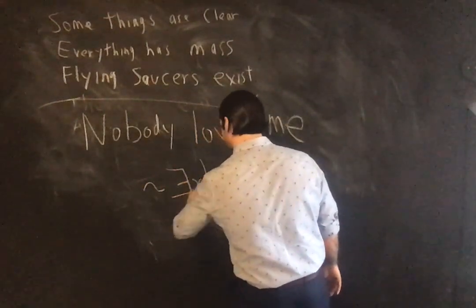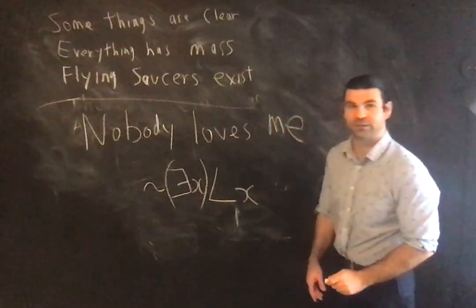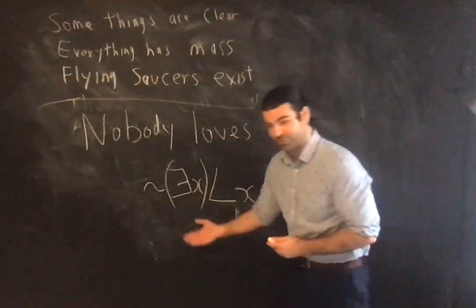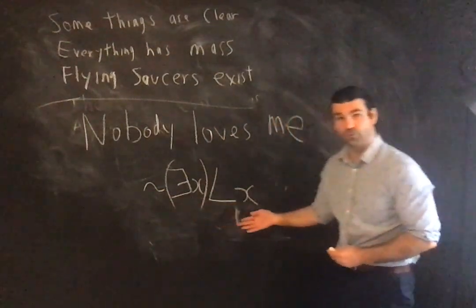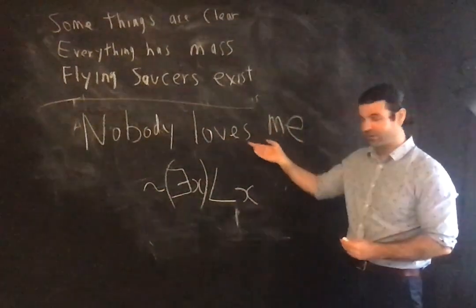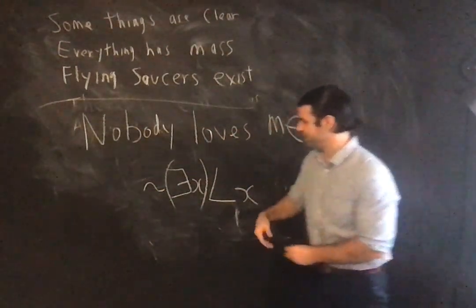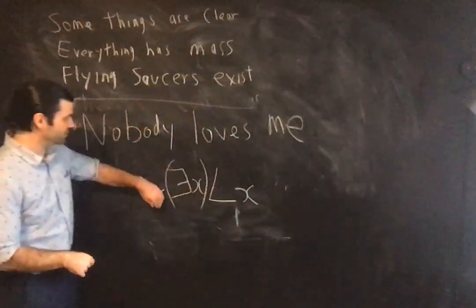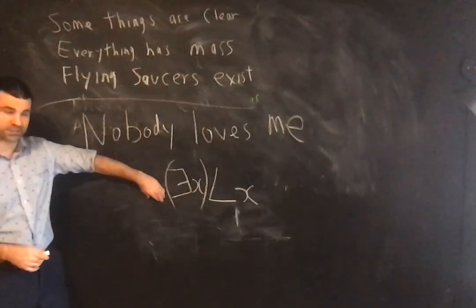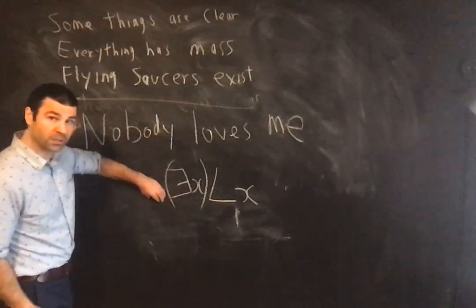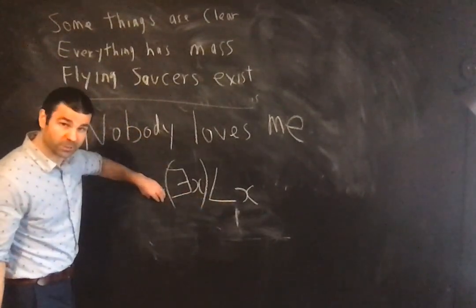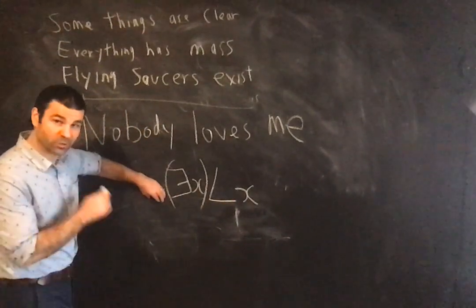This was a great discovery, right? That this is what's going on in your understanding. This is the logical form of this sentence, "nobody loves me," right? So Lx, x loves me. There exists an x such that x loves me. This is the translation of "somebody loves me." And what am I saying when I say nobody loves me?